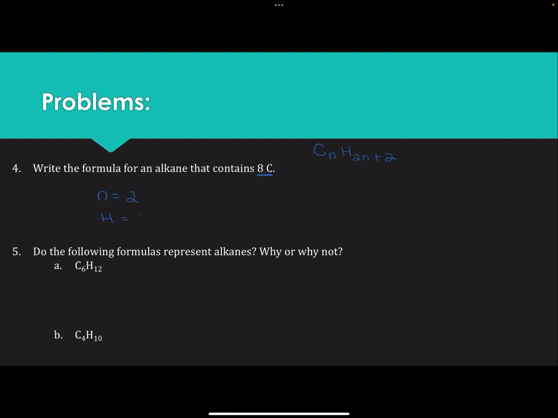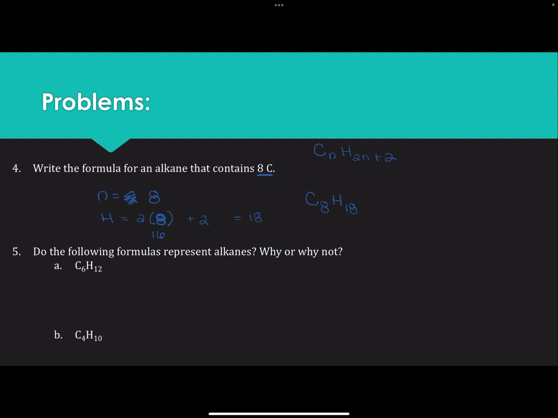Hydrogen is going to be 2 times n, so 2 times 8, which will be 16, plus 2 gives me 18. So my formula, I'm going to put my 8 as the subscript on my carbon, and then my hydrogen will be 18, so C8H18.